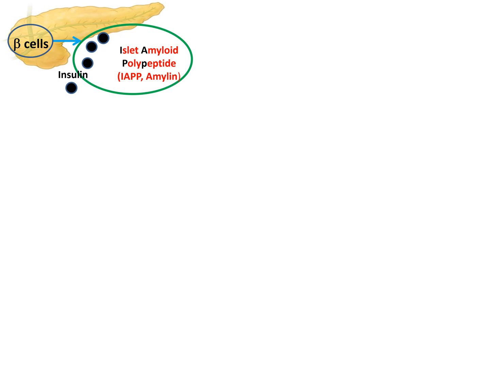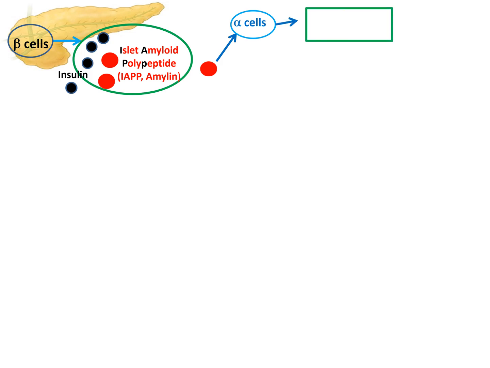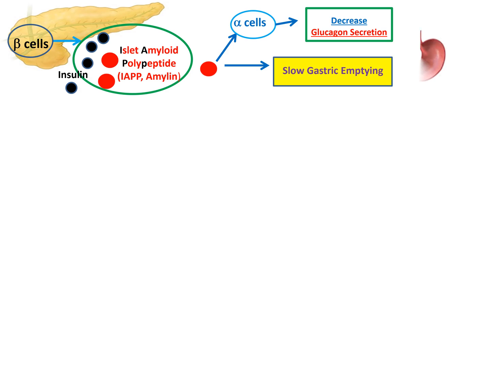Now, the amylin will be released and affect the alpha cells in the pancreas to decrease the glucagon secretion. Also it will be affecting the stomach and slowing the gastric emptying.